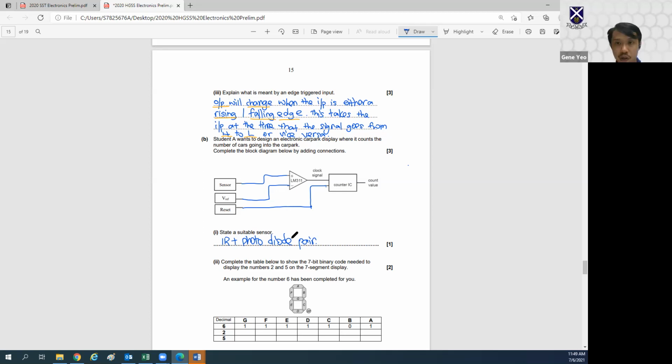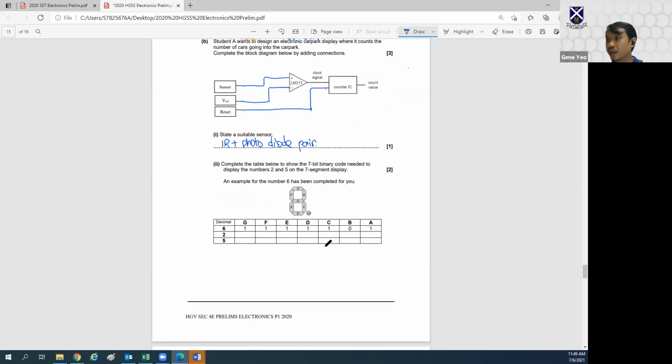Yeah, possible. Any others? If Ray was here, he'd say a PIR sensor, and that will also be possible. Any other possible answers you want checked out? Okay, if not, let's carry on.